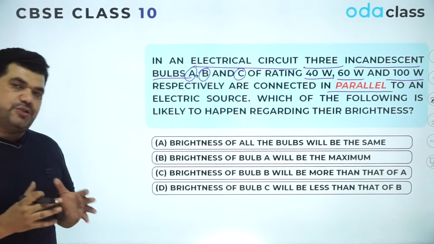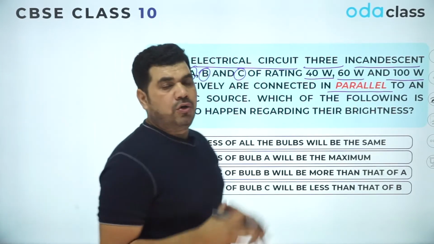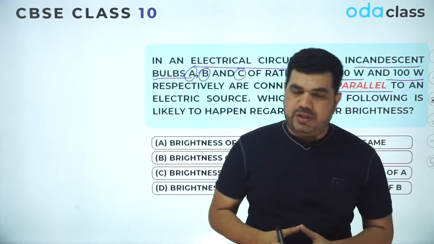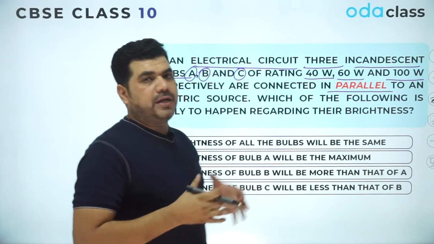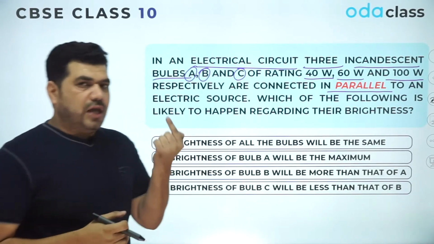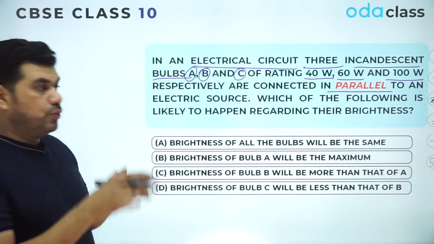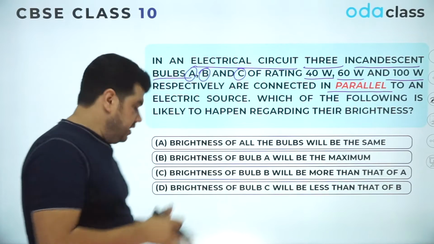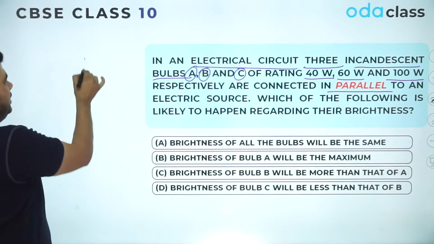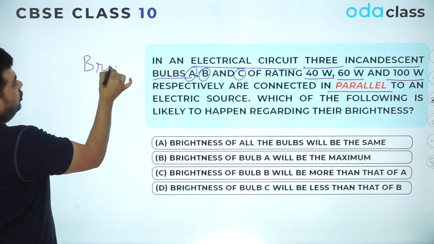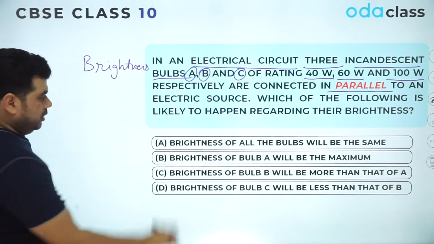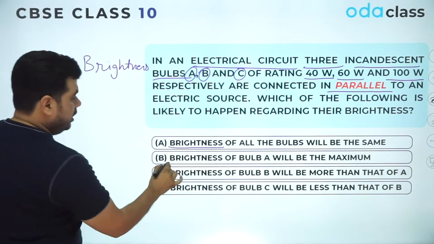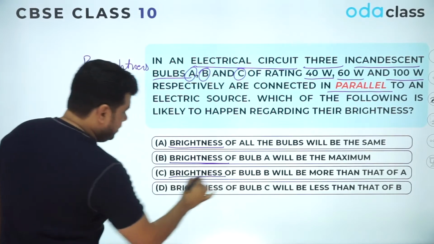So guys, as you know, in parallel combination, voltage is going to be the same. When the voltage is the same, how do we find the brightness? In all the options you can see brightness, brightness, brightness.